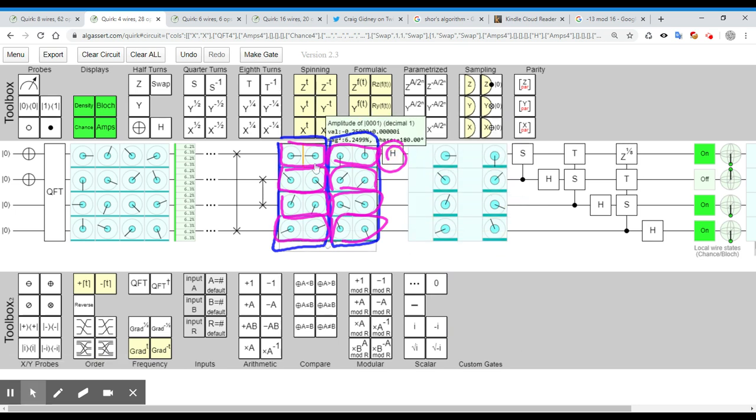This is 0 and this is 180. This is 67.5 and 112.5. So they're literally the opposite.